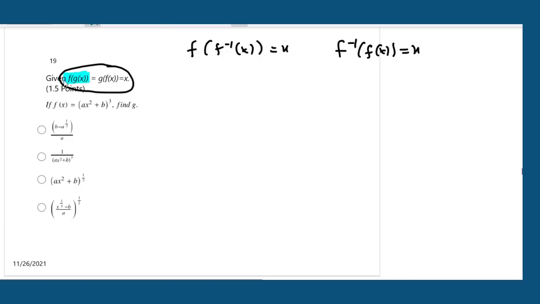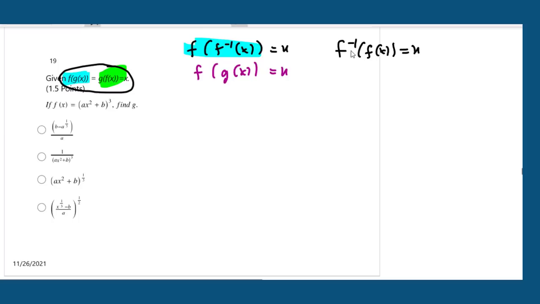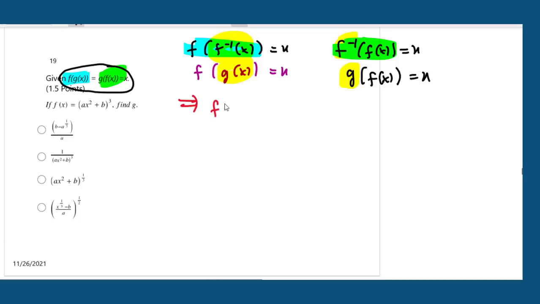This one, f of g of x is equal to x, and this one, g of f of x is equal to x. From here we can conclude that f inverse is equal to g of x.